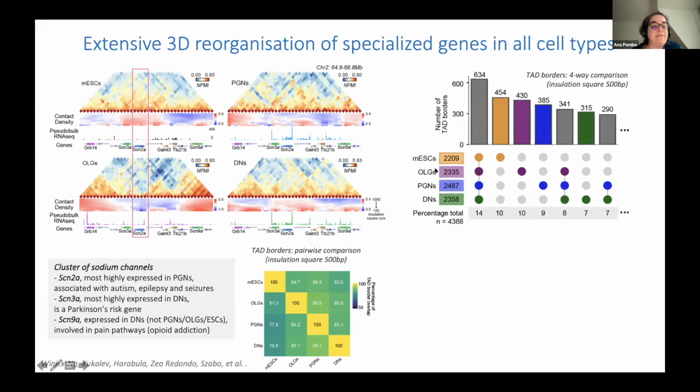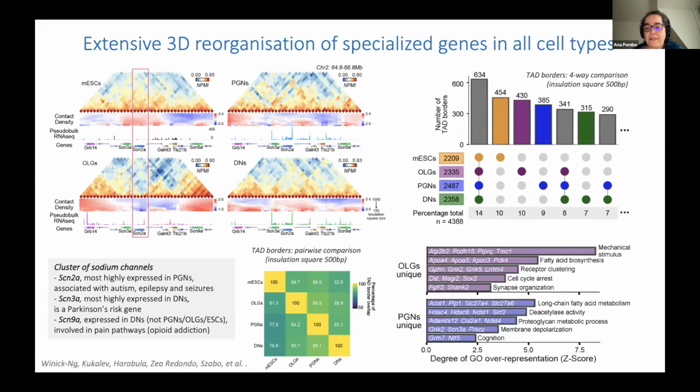And so we decided to focus on these most cell type specific borders and ask, as we see here, are there any interesting genes, and in particular genes important for the respective cell types, that appear in the borders? And indeed we find so. I show here only 2 examples just for the sake of time and simplicity.